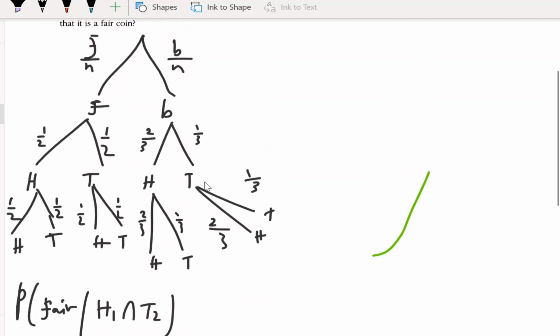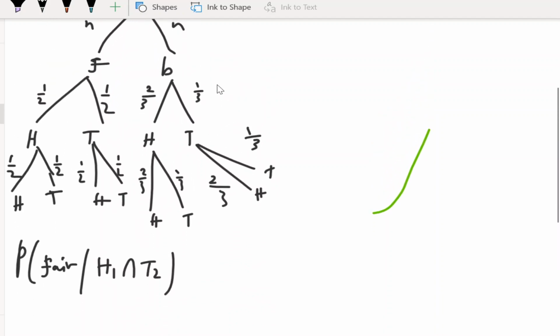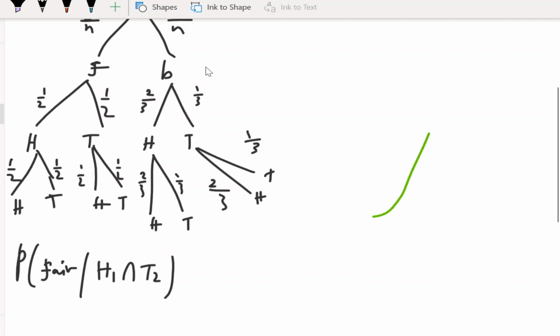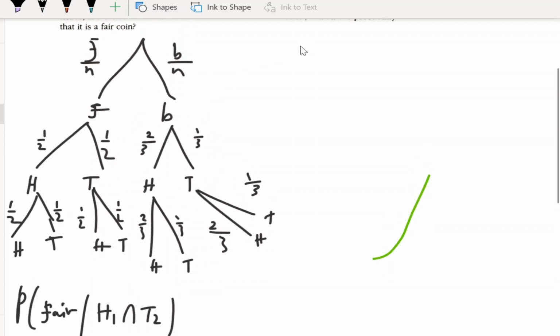Okay, so you'll notice that the way we drew our tree, if we were to do it in this order, we'd be going up the tree, right?